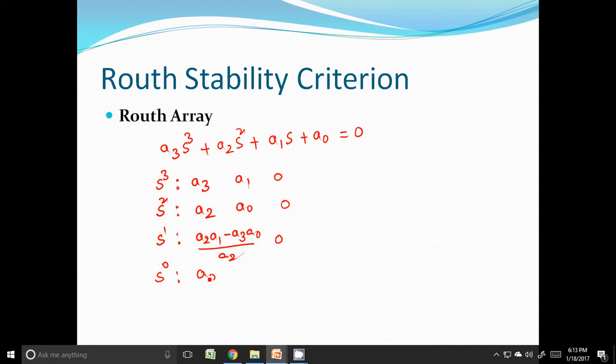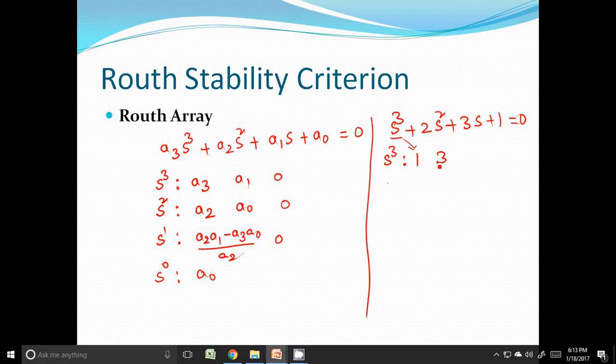So if we take one example, s cube plus 2s square plus 3s plus 1 equal to 0. First, the s cube row has the coefficients of s that have odd power: 1, and next 3, because 3 is the coefficient of s power 1, which has odd power.